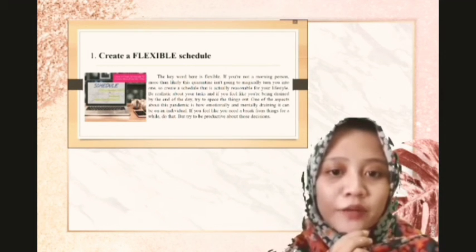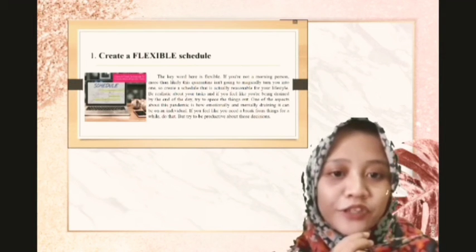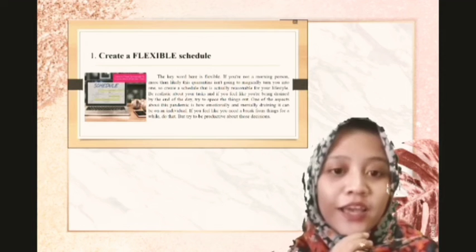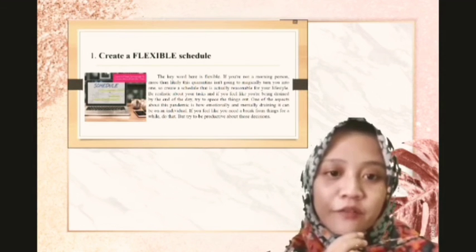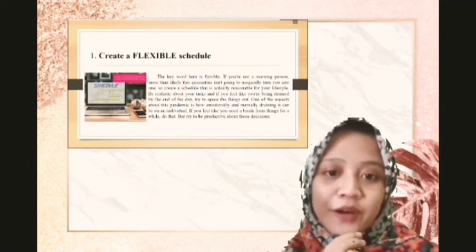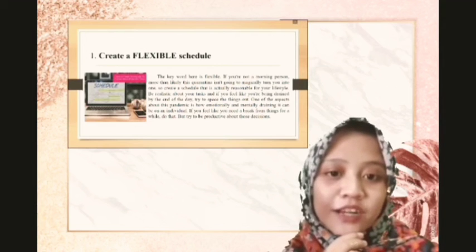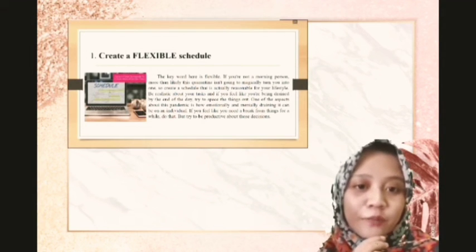One of the aspects of this pandemic is how emotionally and mentally draining it can be on an individual. If you feel like you need a break from things for a while, do that. But try to be productive about those decisions.